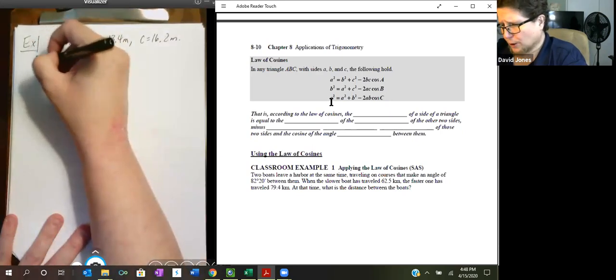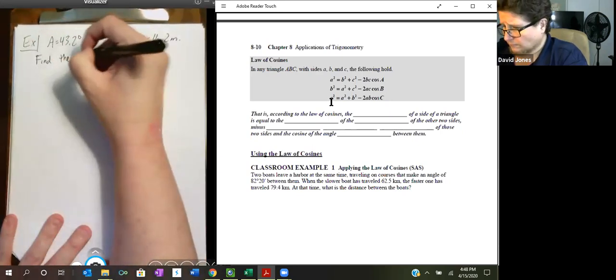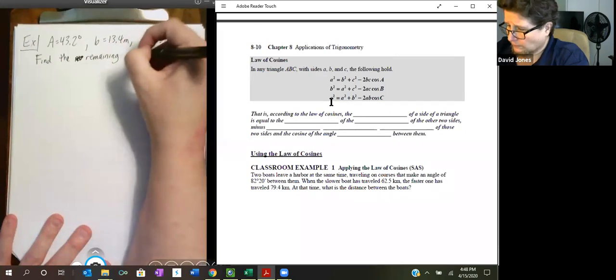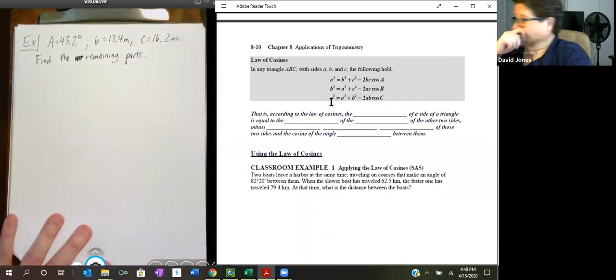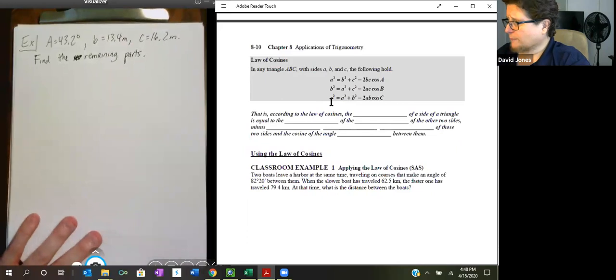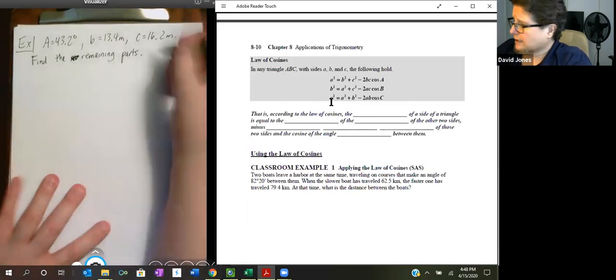Find the remaining parts. I recommend pausing it here, draw a triangle, fill in what you know, use the law of cosines to find the third side, and use that argument I just presented. Okay, if you hit pause, let's go over what we have.